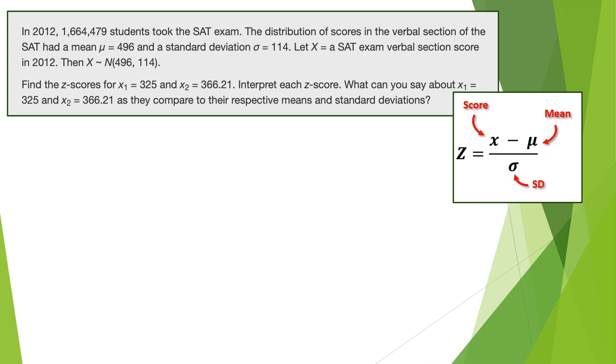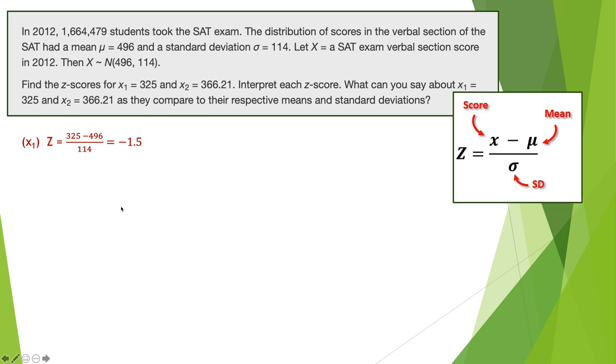So I mentioned having a folder or an album on your phone where you take pictures of important things. This is something I would definitely take a picture of. So let's do the z-score for x sub 1, in other words, when x is 325. The z-score says the score in question minus the mean, which is 496, divided by 114.